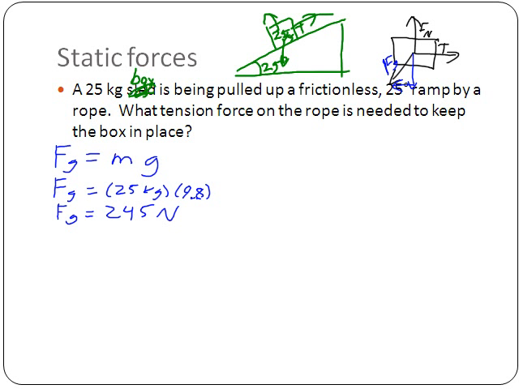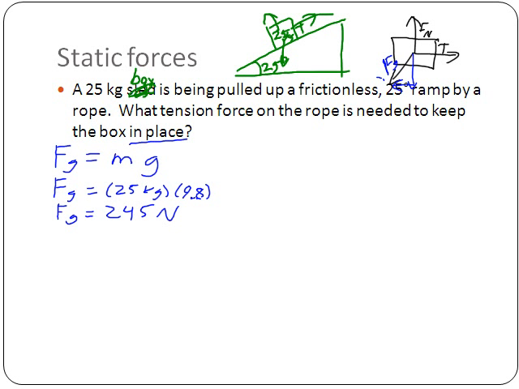So let's see if we can find the two components of that, because that just gives us that diagonal vector right over there. We want to find the x and y components. Specifically, since we're looking for tension, we know the box is being held in place. It's not accelerating, which means that the x components, if we add them up, will be 0, and tension only has an x component.